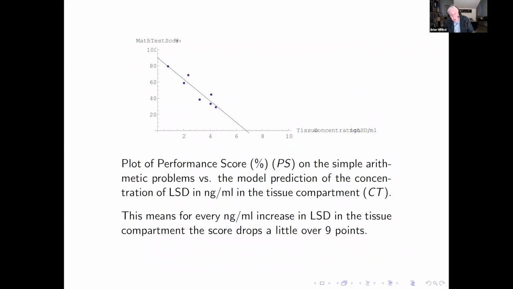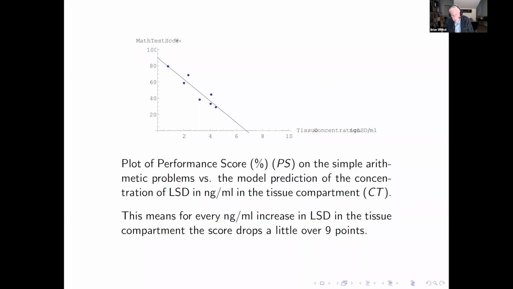By the way, here's the plot of the test scores versus the concentration. All of the concentrations show you that as the concentration increases, the test scores tend to decrease, which is a strong affirmation that this drug has the effect of debilitating our ability to do at least simple arithmetic skills.